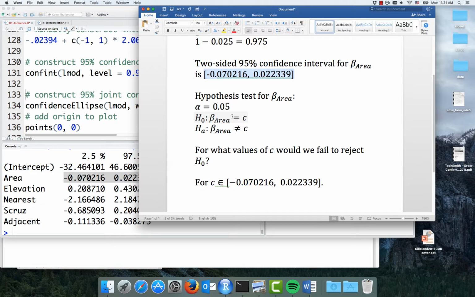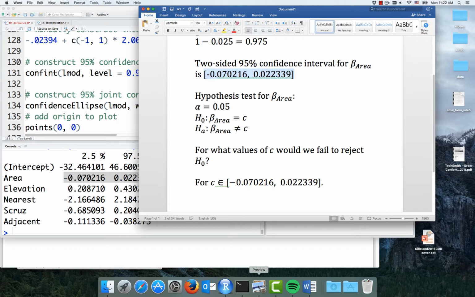That wouldn't make any sense. And so for any value that's in our confidence interval, that would cause us to fail to reject the null hypothesis if we were doing a test that the coefficient equaled a value inside the confidence interval versus the alternative that it was not equal to that value. Conversely, if C was any number outside this interval, then we would conclude the alternative hypothesis for this particular test.